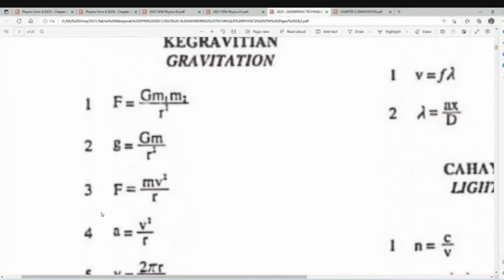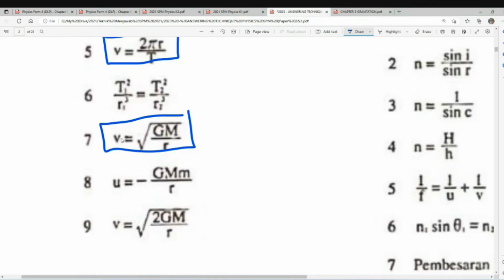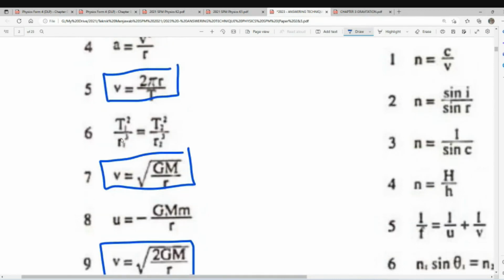You have to be very clear about what each formula is looking for, especially when you look at here, as you can see, we have one B here, another B here, and another B here. If you're not sure what the real meanings of the formula are, then definitely you can't solve the problems. So this is something that you have to be alert about.